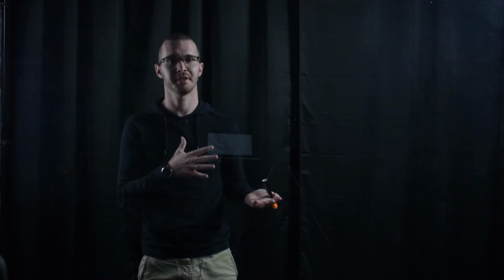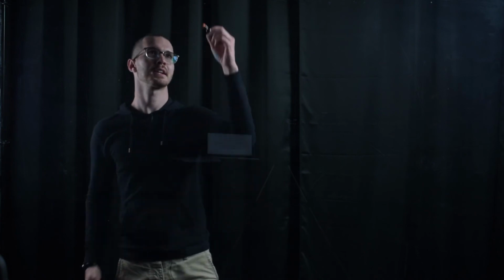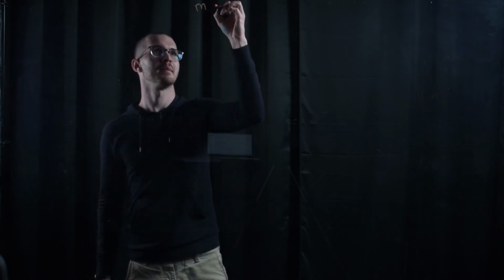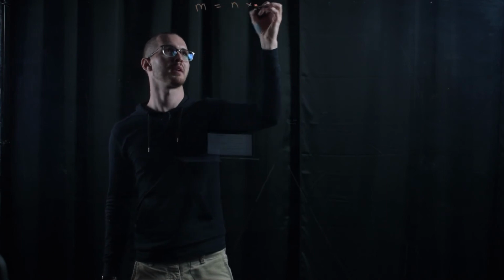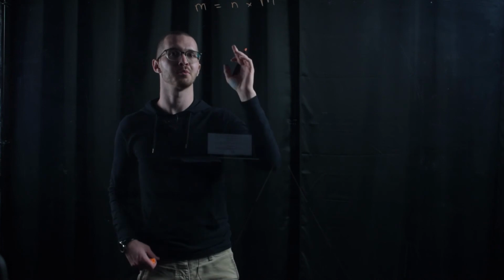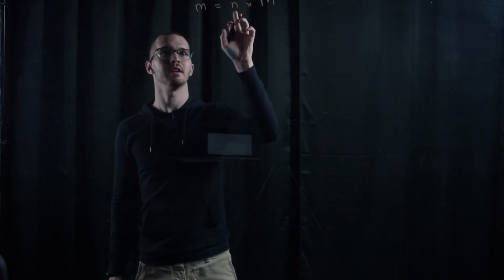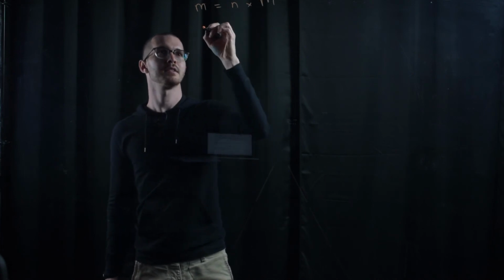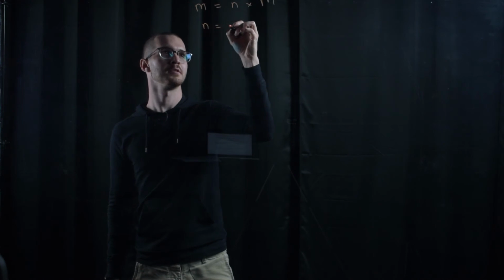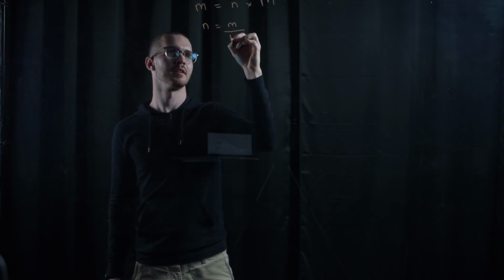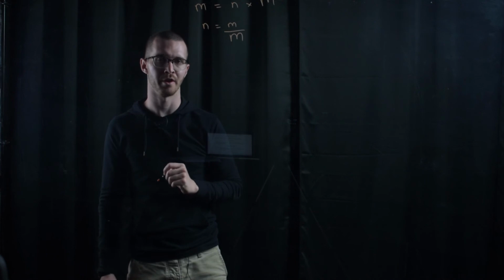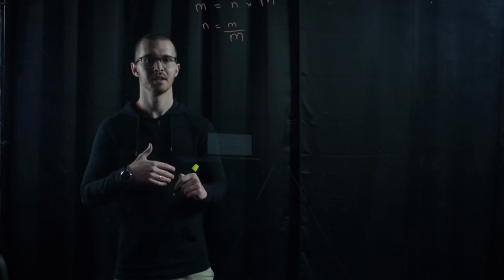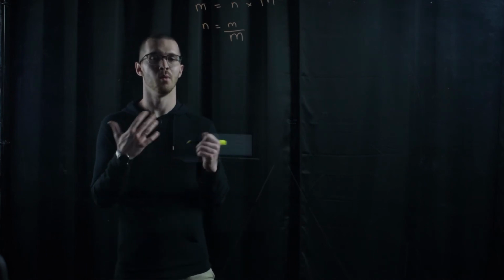Now let's take a look at a different example where we're trying to find the moles after being given the mass. So again, let's take a look at our equation. The mass is equal to the number of moles multiplied by the molar mass. Now if we're trying to find the number of moles, we can rearrange in order to find n. So n is equal to little m over big M, so mass over molar mass. So what we can do is take a look at 1 mole of silicon.